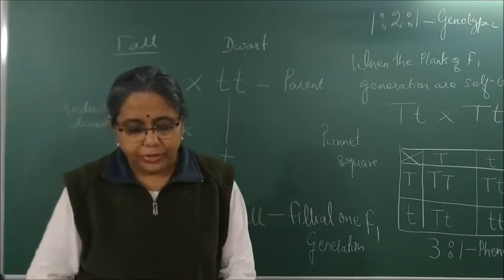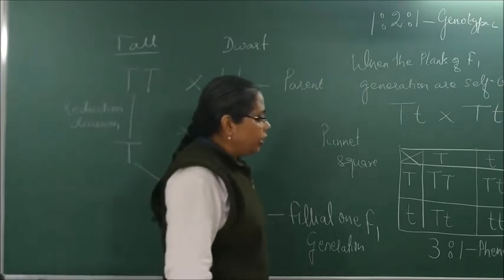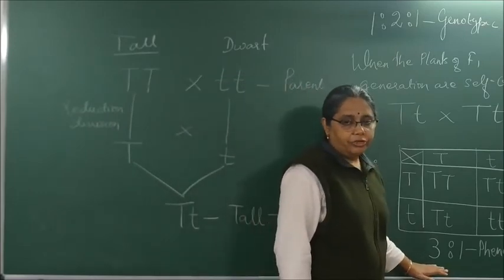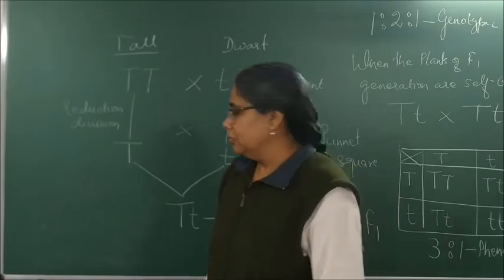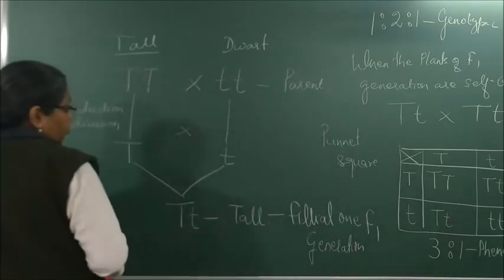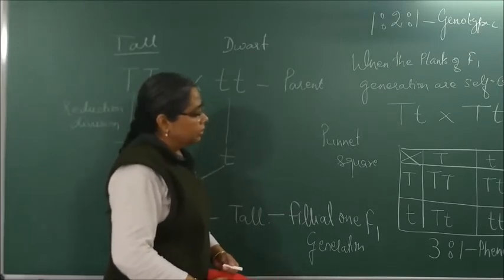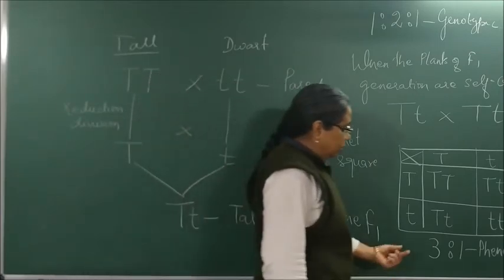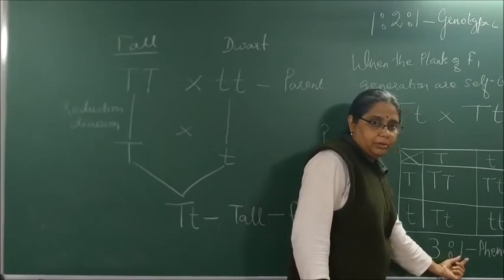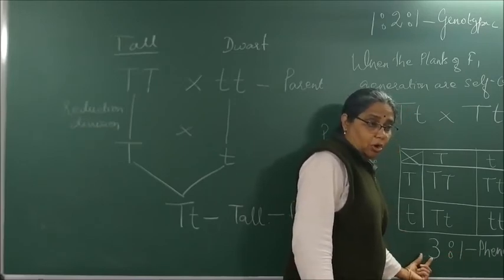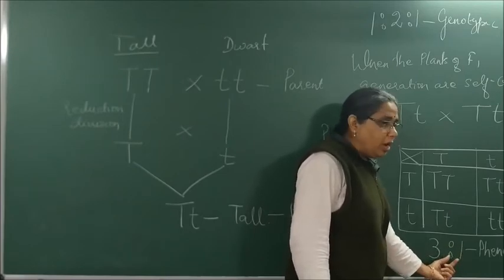Now write after that the phenotypic monohybrid ratio: 3 tall plants is to 1 dwarf plant.